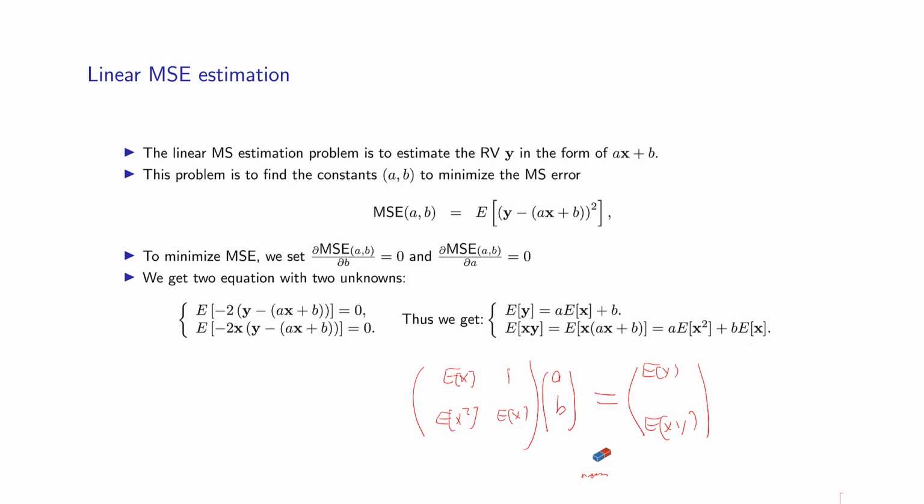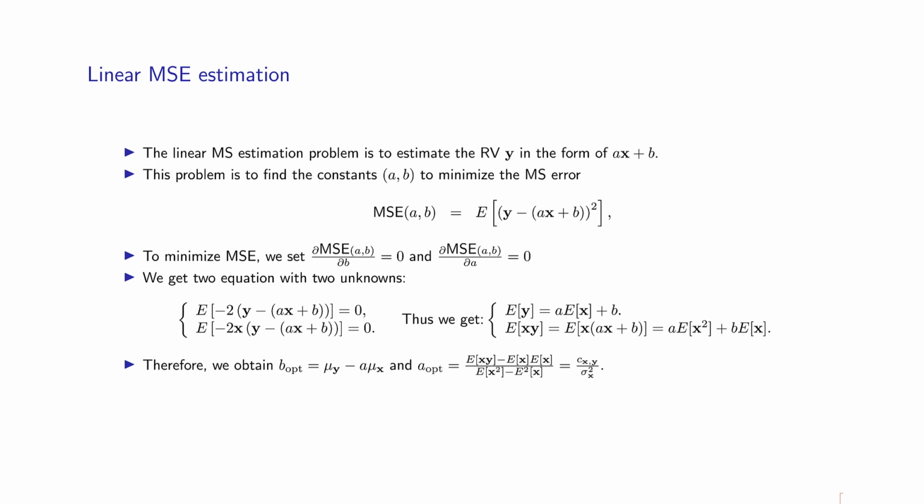So if you multiply both sides by the inverse of this matrix, you get the vector (a, b) equal to the inverse of the matrix with mean of x, 1, mean of x to the power of 2, and mean of x, multiplied by the vector of mean of y and mean of xy. If you do the inverse and multiply it by these, you get the solutions easily.